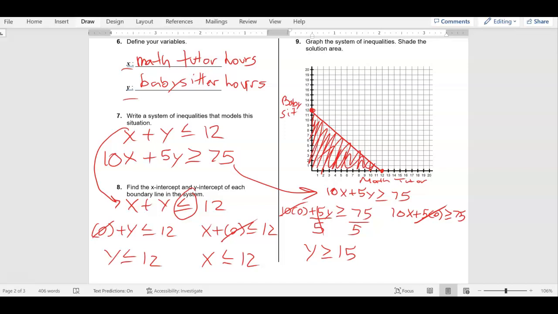How do I get rid of that 10? Divide. Now this is where some people might get stuck, but it's okay. 75 divided by 10, it is not a whole number. It's what? 7.5. You might get 15 over 2, but control enter, 7.5. So x is greater than or equal to 7.5.